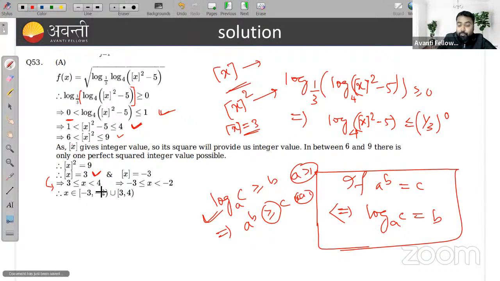That is when x belongs to 3 to 4. And when we solve greatest integer function of x is equal to minus 3, for which values of x will greatest integer of x be minus 3? That is when x belongs to minus 3 to minus 2. So by taking the union of these two intervals, we will get the domain, that is minus 3 to minus 2 union 3 to 4. Clear, everyone? This is your answer.